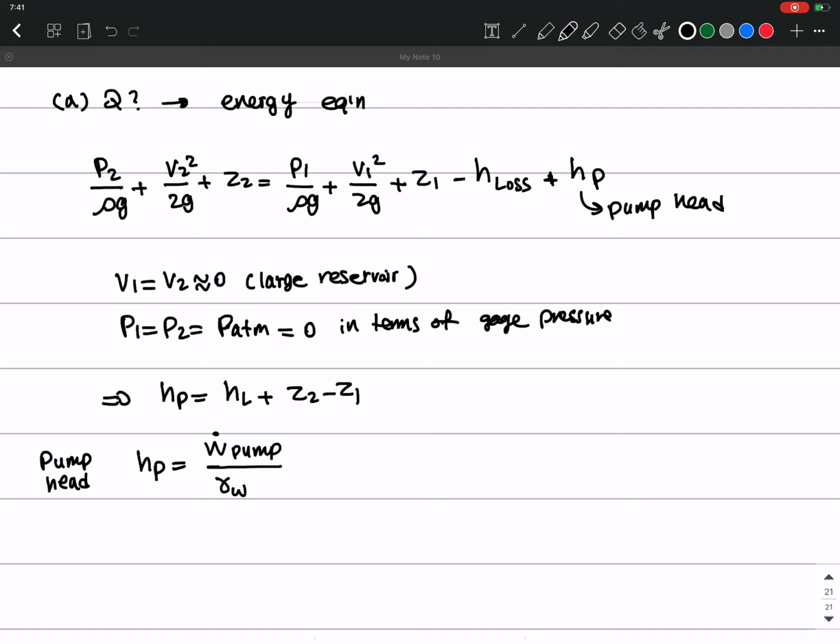So it's going to be gamma times Q. And so now I have everything. I can get the W dot of pump, or what we call also shaft in.